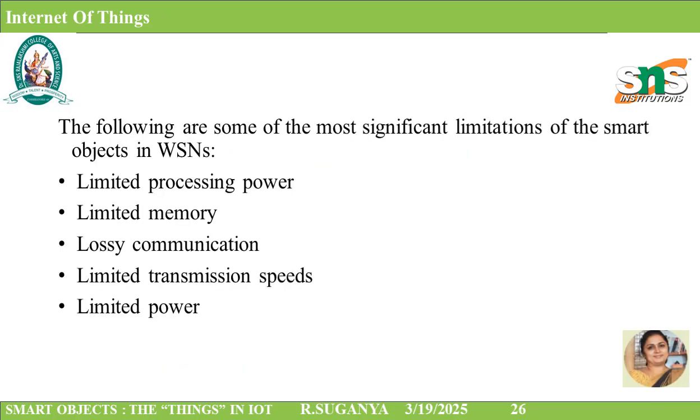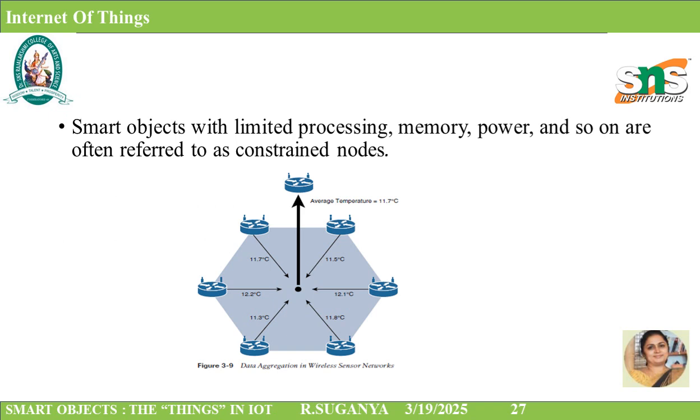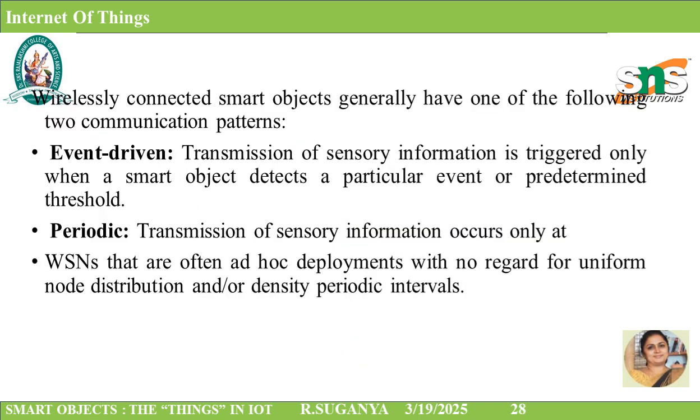The following are some of the most significant limitations for smart objects in a wireless sensor network: limited processing power, limited memory, lossy communication, limited transmission speed, and limited power. For data aggregation in a wireless sensor network, there are two communication patterns, event driven and periodic.